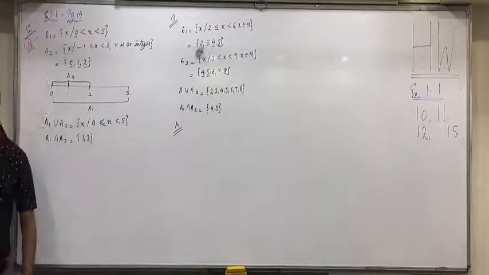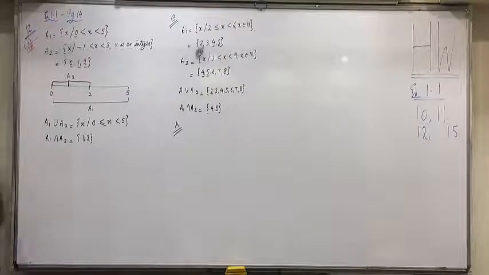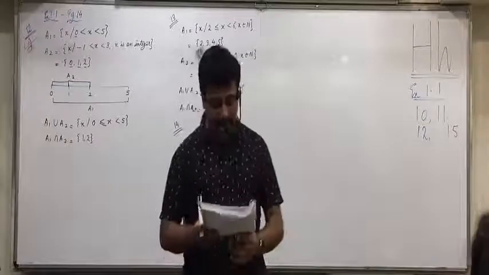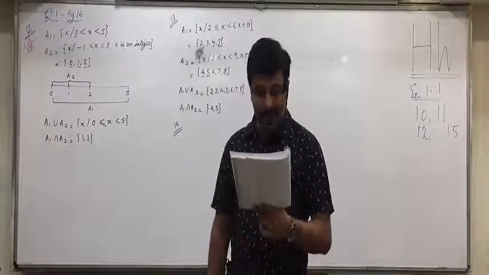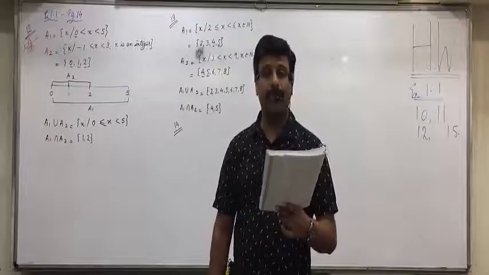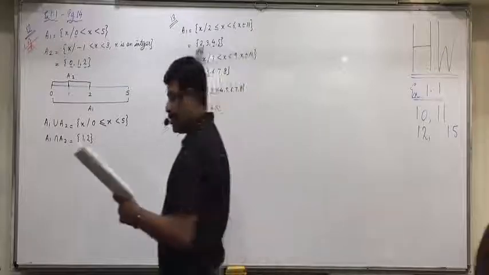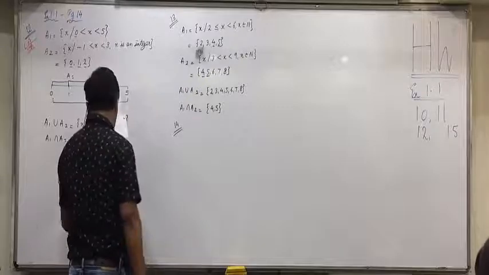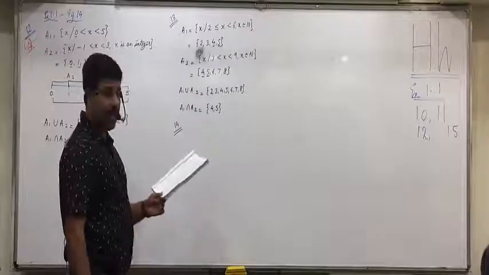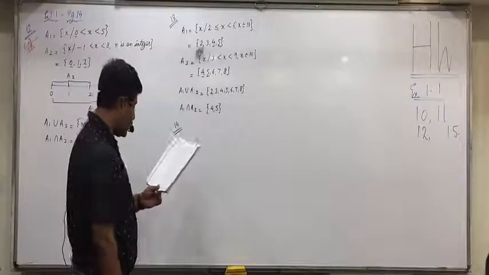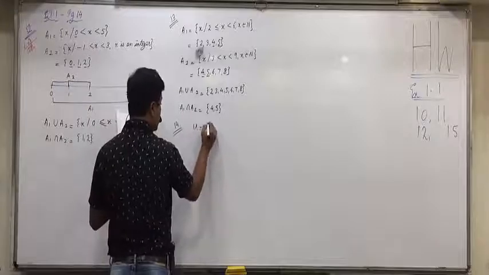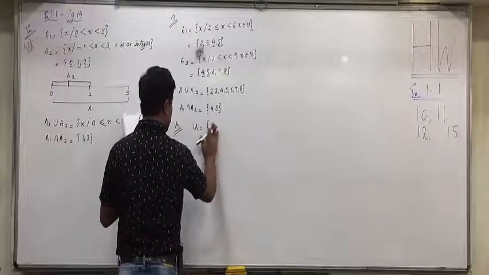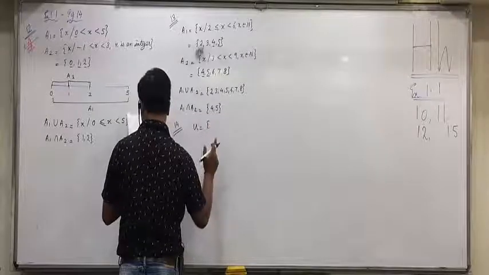Look at 14. It's simple because both were having the natural numbers. The sample space U of a random experiment and its event A are defined as follows. Find complementary event A dash of A. Now U equals to X such that X is 0, 1 to 10.